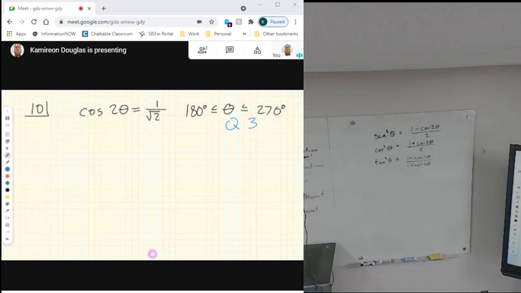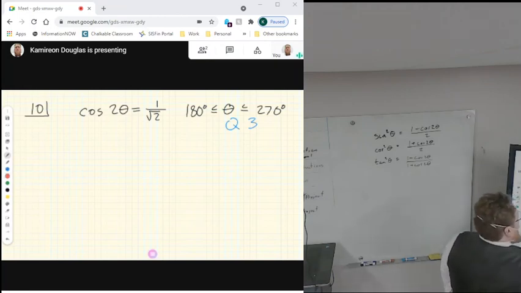Now, this was the part we had the most trouble with yesterday. In order to find my solutions, I am actually going to use the half angle identities. That seems a little weird, but it actually works very nicely because of how half angle identities work. Take a look. We want just normal cosine, but we have cosine of 2 theta.